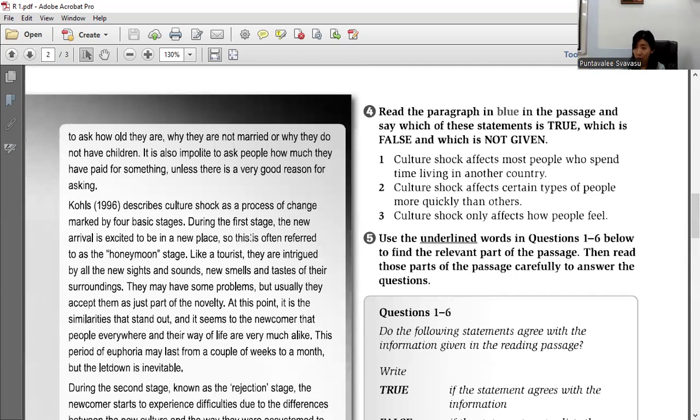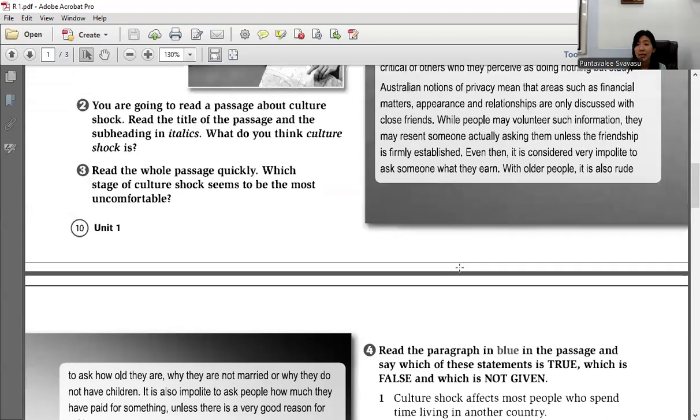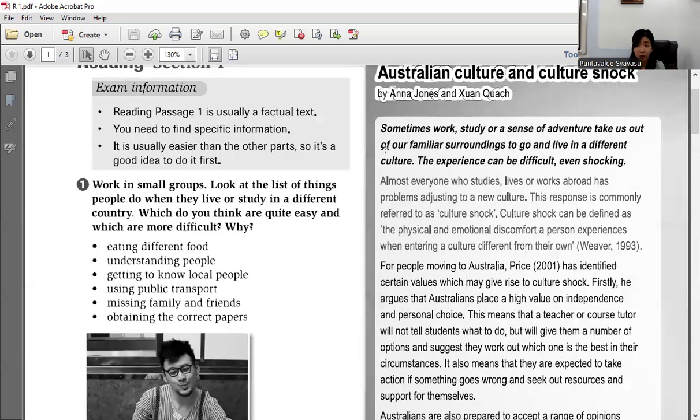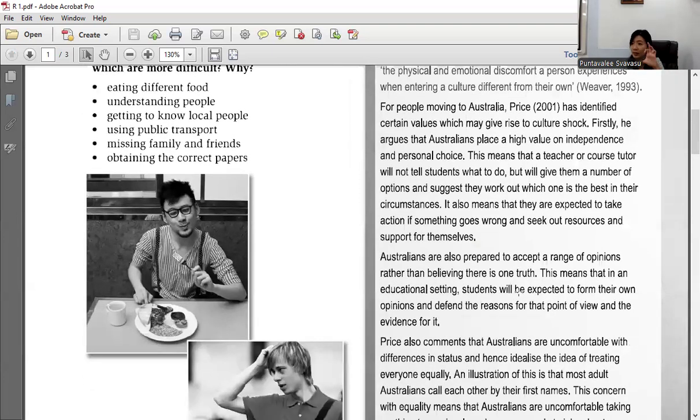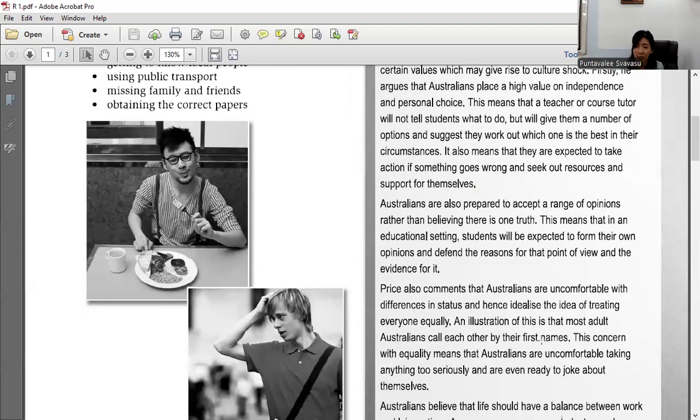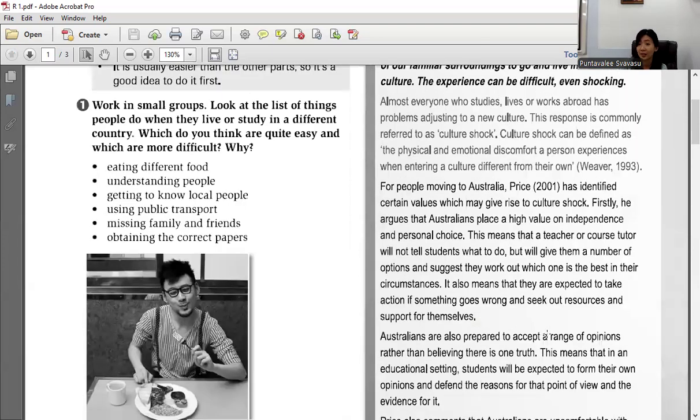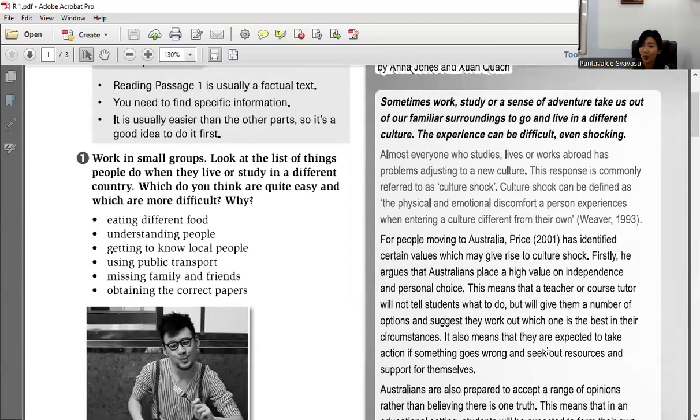So if you skim, you kind of know which paragraphs belong to questions 1 to 6 and which belong to 7 to 13. It could be from the beginning of the text to the end, or just the 3 paragraphs that contain the answer. It depends on the text and questions you're working on.